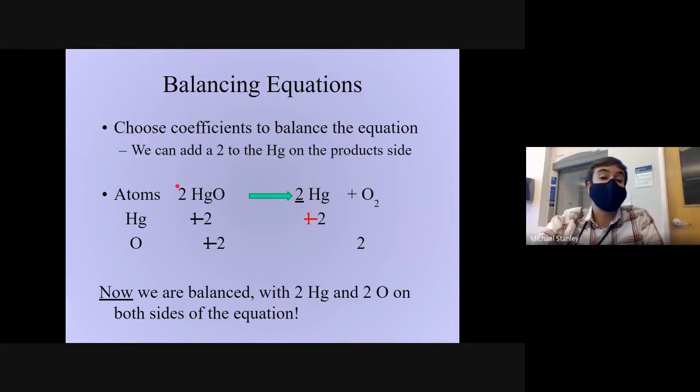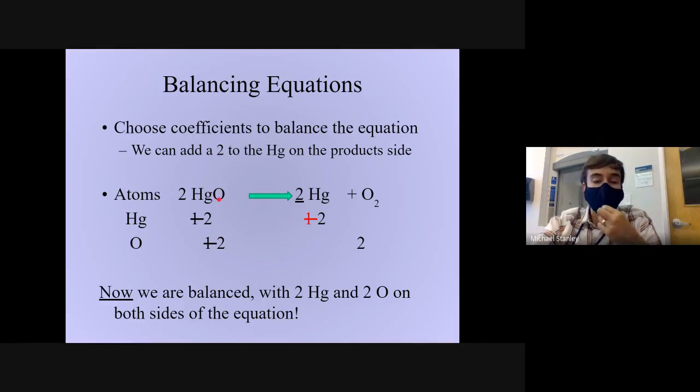You could not just take this 2 and stick it right in the middle here and have it only go to the O. That's not how it works. The coefficient has to go in front of the compound, and it will always apply equally to both atoms in the compound. Or if there's 3 or 4 atoms in the compound, it'll go equally to all of them.